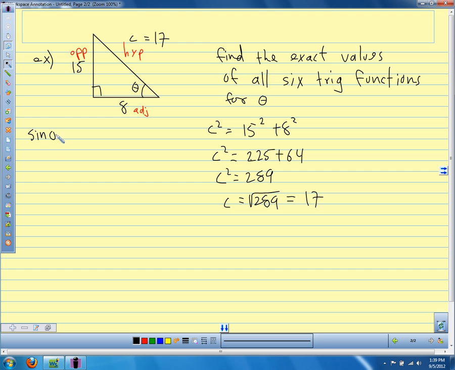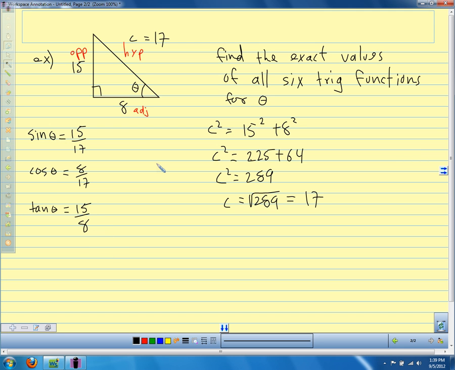So the sine of theta is opposite over hypotenuse. So we get 15 over 17. Cosine of theta is the adjacent over hypotenuse, 8 over 17. Tangent of theta, opposite over adjacent, so 15 over 8.